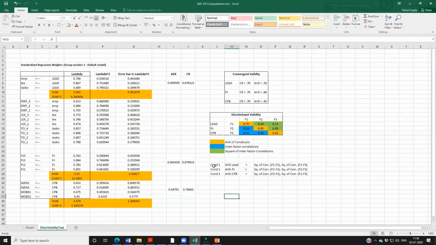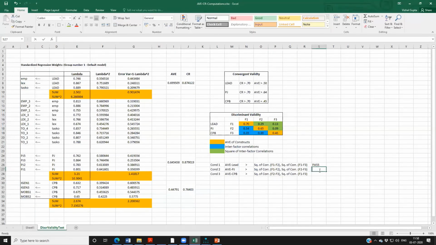So condition number 1, AVE of leadership greater than the square of correlations F1, F2 and F1, F3, and this condition passes. The second is AVE of PJ should be greater than the square of correlation F1, F2 and the square of correlation F2, F3.